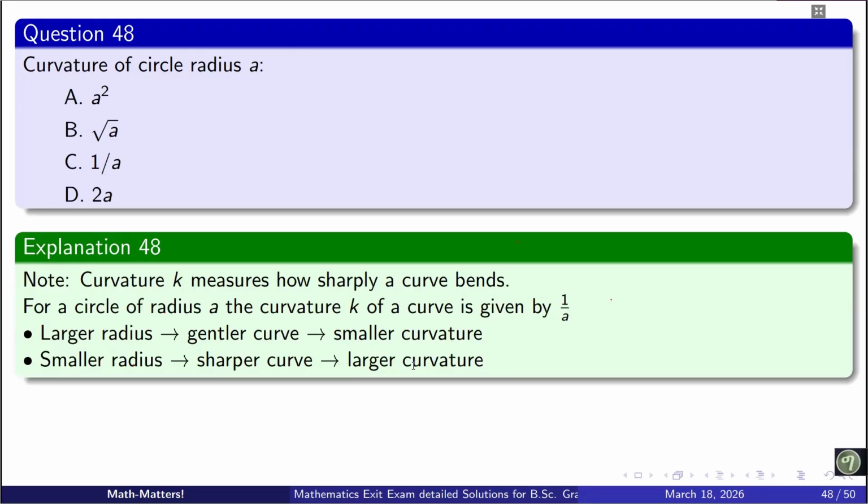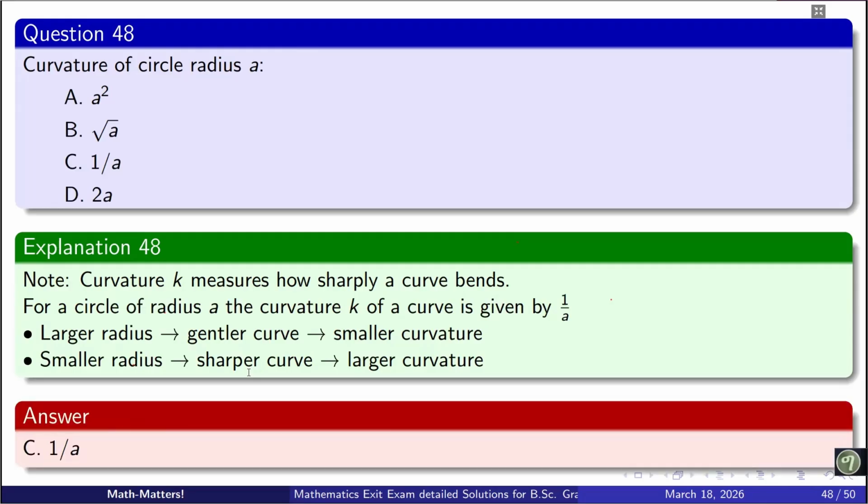That means when the curvature is large, the curve is sharp. When the curvature is small, the curve of the given circle will be less sharp, or simply a gentler curve. So the answer is 1 over A, which is C.